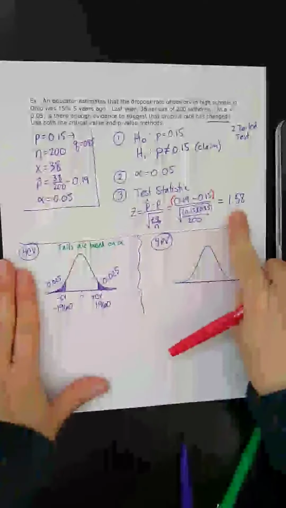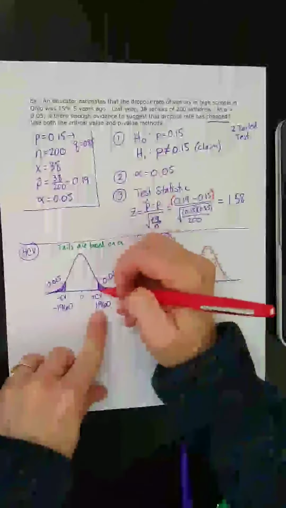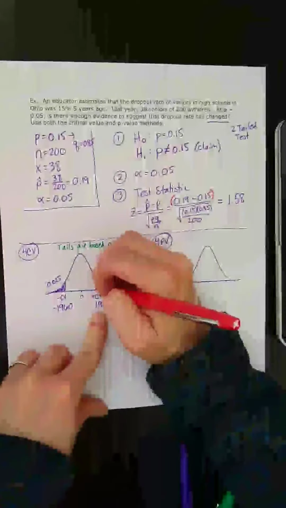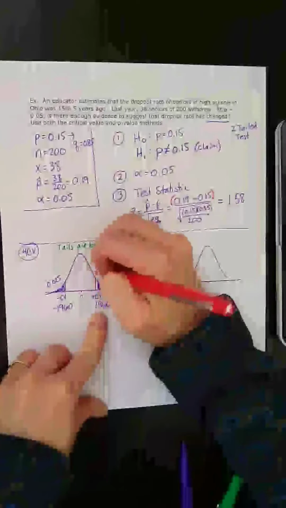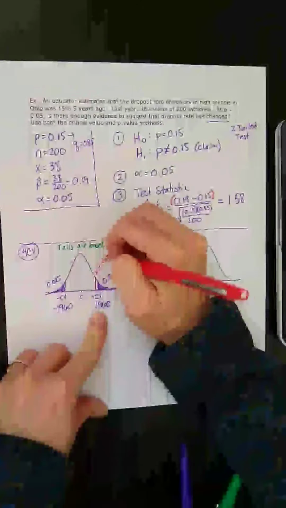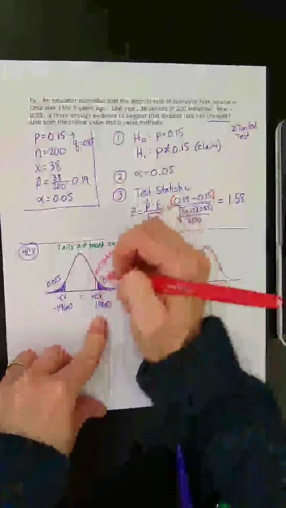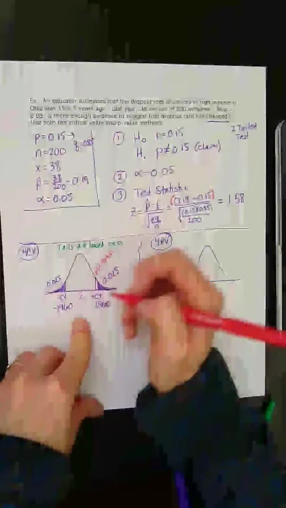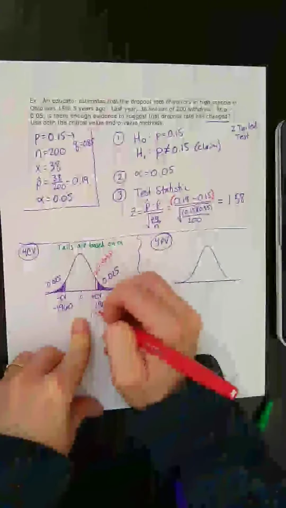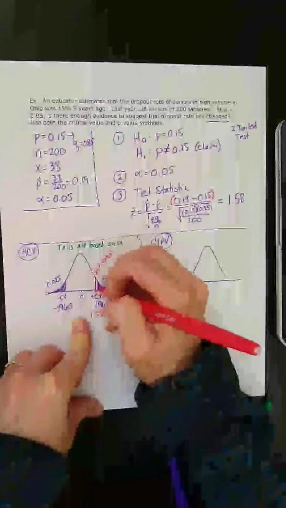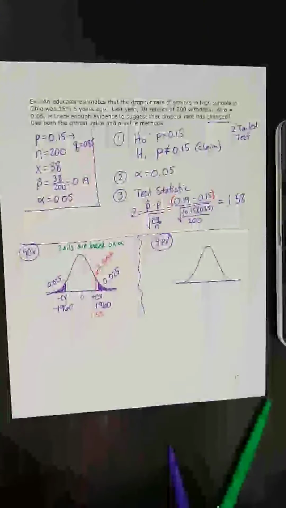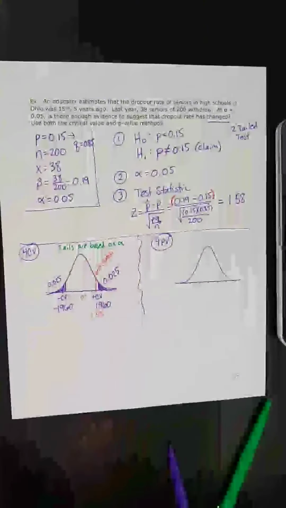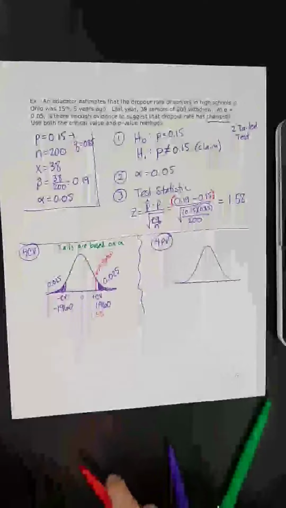So 1.58, and if this is 1.96, then 1.58 is somewhere right around there. And again, I've got to put my value down here. 1.58 is that test statistic value. Okay. My picture is kind of cluttered there, but I want to make sure I have all those details there.